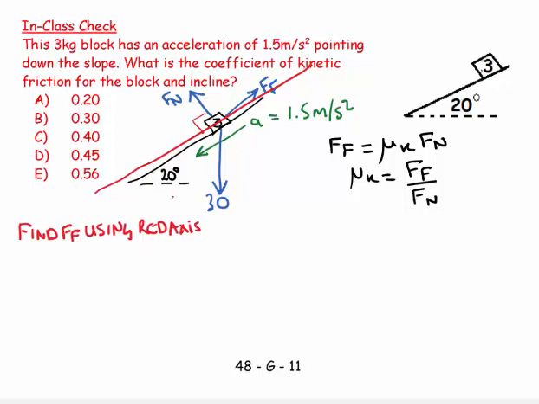I'm going to look along that axis, and the term of art is I've got to resolve these forces along this axis. So I know there's a downwards force which is going to be 30 sine 20. Hopefully that's getting to the stage where you can just write it down. And then I have my Ff.